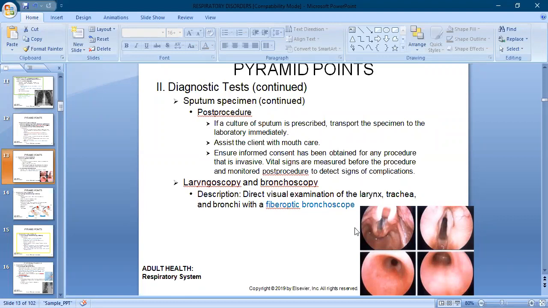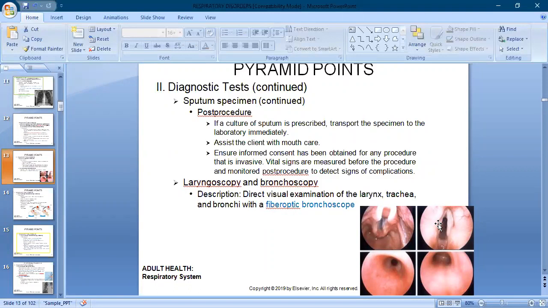Now go for another test. It's called laryngoscope or bronchoscope. Basically this is a small camera. We put it into the upper respiratory tract and take some pictures, or we can see it in videos, right? So direct visual examination of the larynx or trachea or bronchi with a fiber optic bronchoscope.